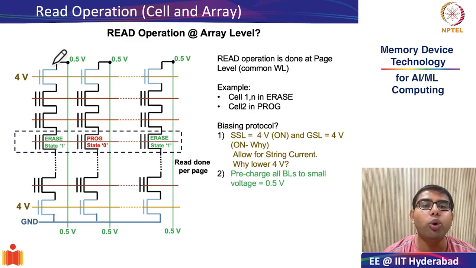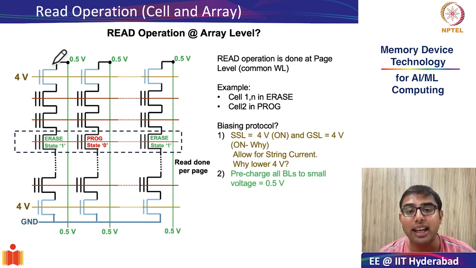The next thing that we do is we pre-charge all the bit lines to a very small bias of 0.5 volts. I hope you are familiar with and recall the terminology that I am using here, which is pre-charge all the bit lines. This is the terminology I have been using both during SRAM and in DRAM operation.